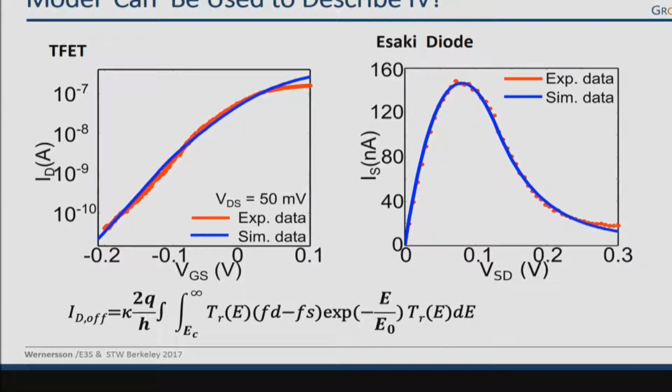Yeah. Clearly the band tails are an issue. I mean, we need to know what E0 is. And so I think that's important. But also with regard to the transmission, if the nature of the biases are modulating the transmission probability, that could also be a different explanation. How did you model the transmission? So, well, actually, we're just saying that it's a constant. Did you take a constant transmission? Yes.